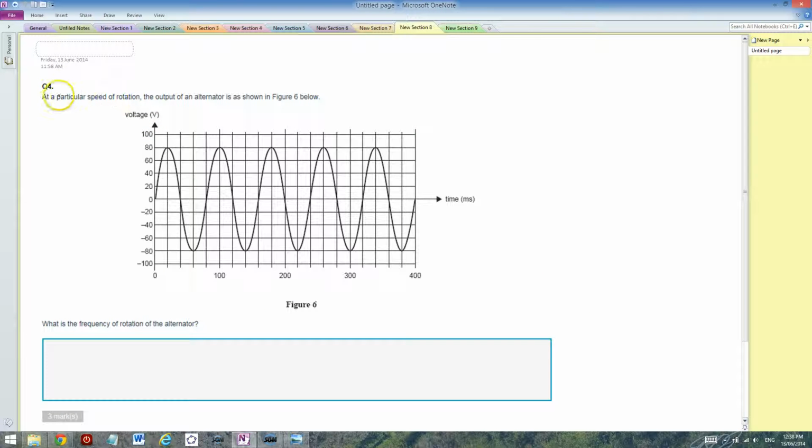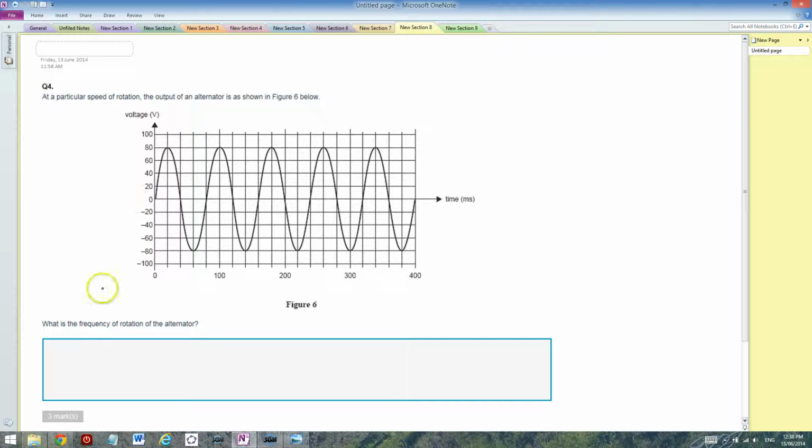Question 9. For this question, we have an alternator. This is the output in the AC. So what is the frequency? Be careful with the unit, it's in milliseconds.